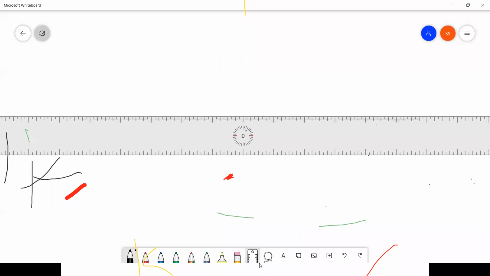So this is your dimension line with the 1 millimeter gap.